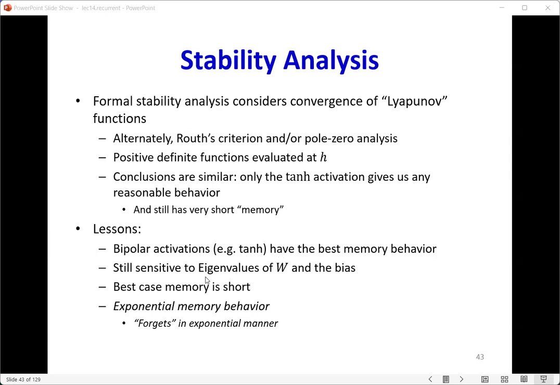Others get there faster, but in every case, the final value of the system in response to an input at time 0 is going to depend only on the eigenvalues of the weight matrix and the bias. And the best-case memory of the initial input is very short. What the initial value was is forgotten exponentially quickly.